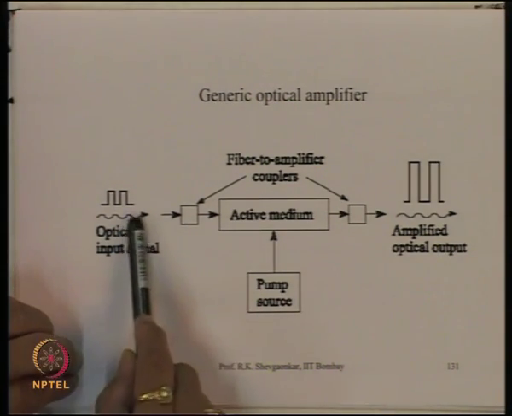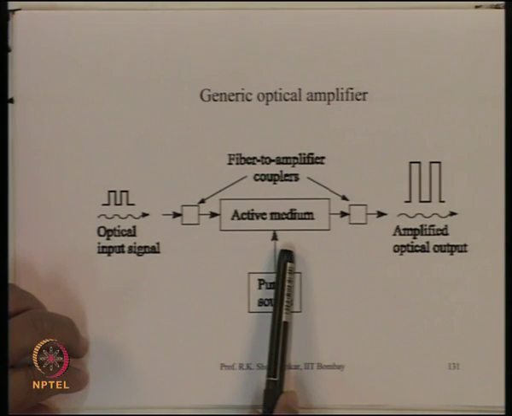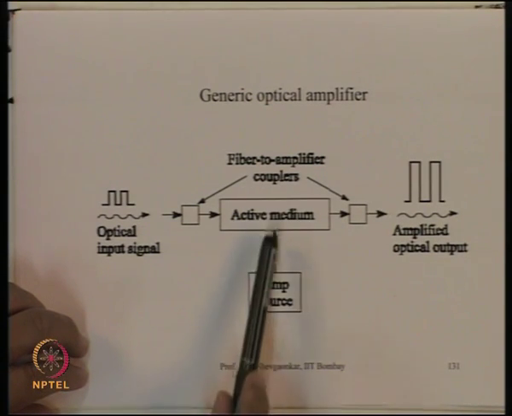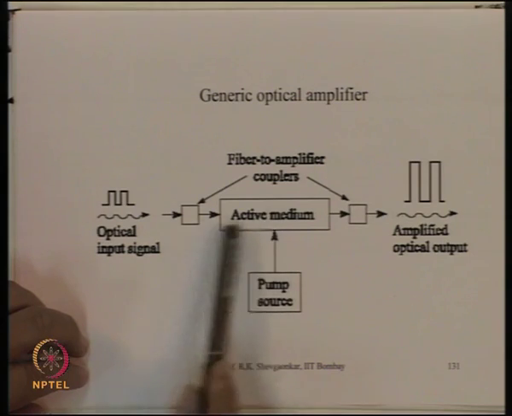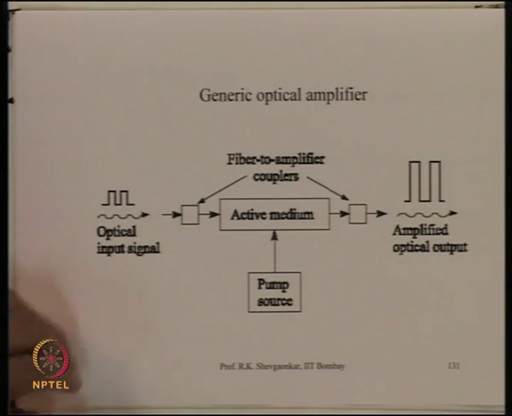So basically what we are looking for inside an optical amplifier is an active medium, a pump source which can excite this material, and a coupling mechanism from the optical fiber to this active medium and vice versa.